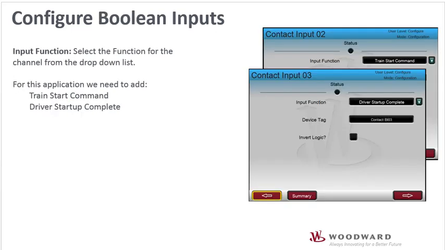We also need to configure some Boolean inputs to indicate the train startup sequencing. So here we're going to get the train start command and the driver startup complete command. And these will be used by the performance sequencer. And once we get this startup complete command, we go into PID control.